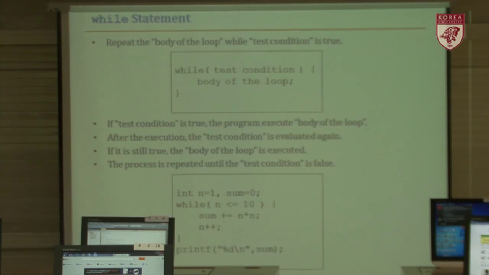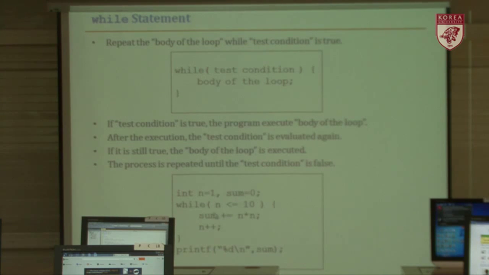Then how many loops is it going to make? How many times? 10? Is it right? Yeah, so this loop is repeated 10 times. Because once n becomes 10, the condition is still true because 10 is less than or equal to 10.